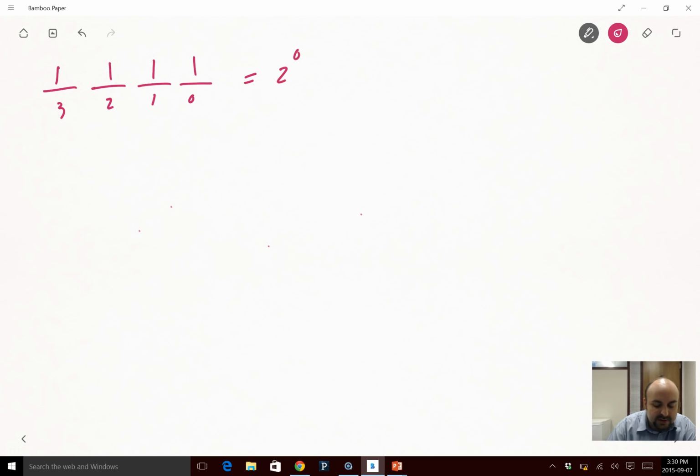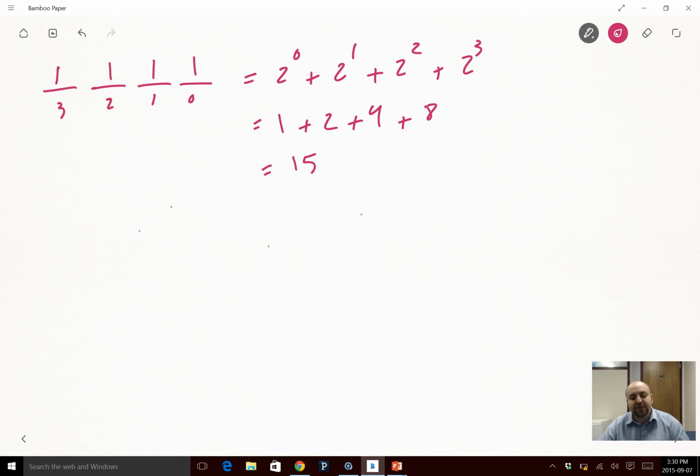This is going to be 2 to the 0 plus 2 to the 1 plus 2 to the 2 plus 2 to the 3. And that's going to be 1 plus 2 plus 4 plus 8. And that is 15. So 15 is the largest number you could fit in 4 bits.